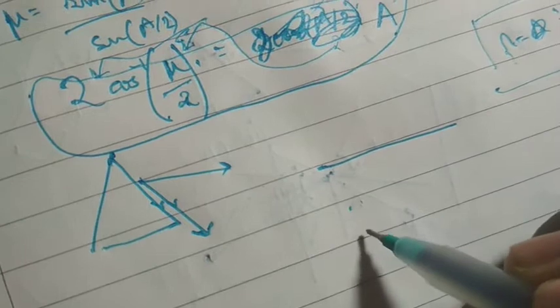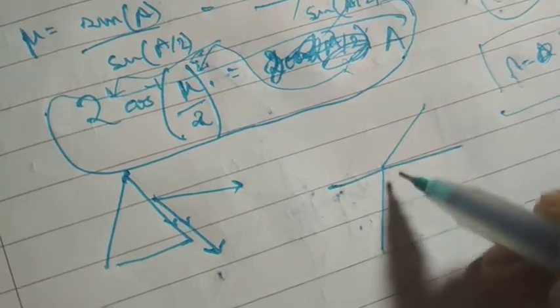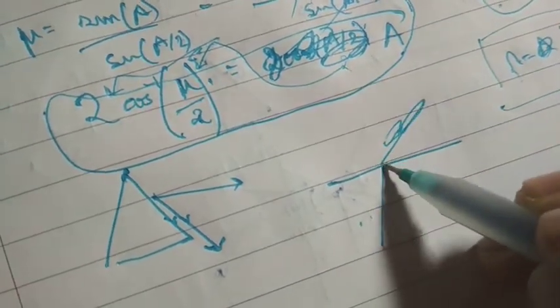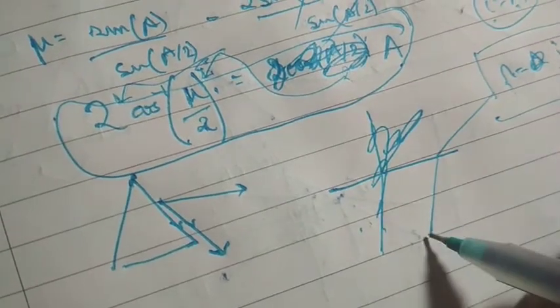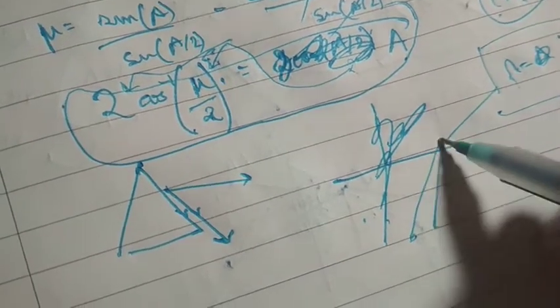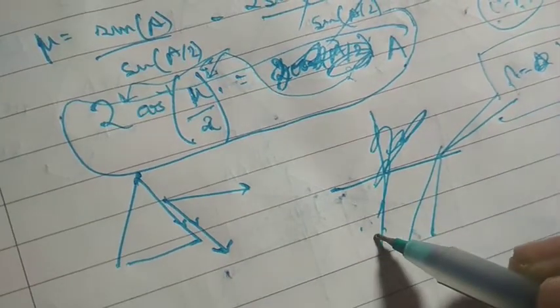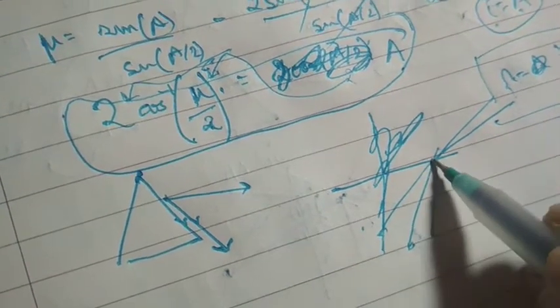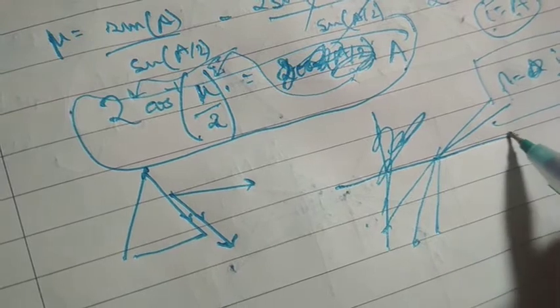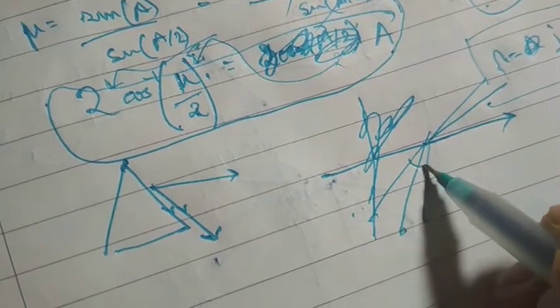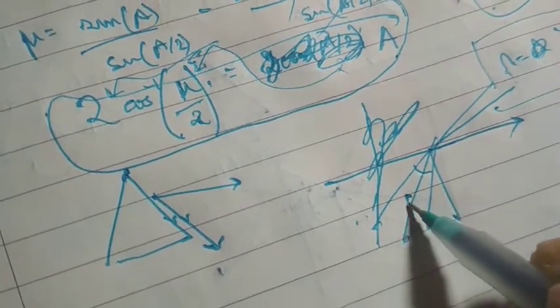So this is like that case of total internal reflection. Initially light was going like this, you slowly went like this, and at a particular incidence the light goes like this. That incidence is known as grazing incidence. IG maybe, I don't remember.